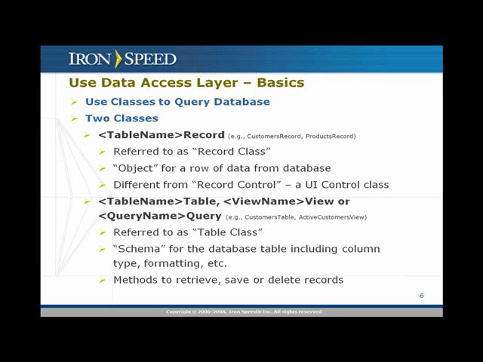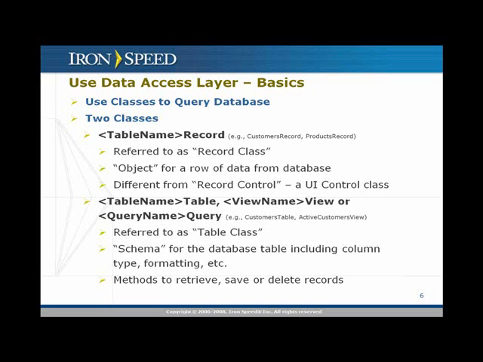One key point to differentiate here is that the record class and the table class, do not confuse them with what we refer to sometimes as a record control class or a table control class. Just by the mere use of the word control, when we refer to record control, it is a user interface control. It refers to a row that is displayed on a web page.